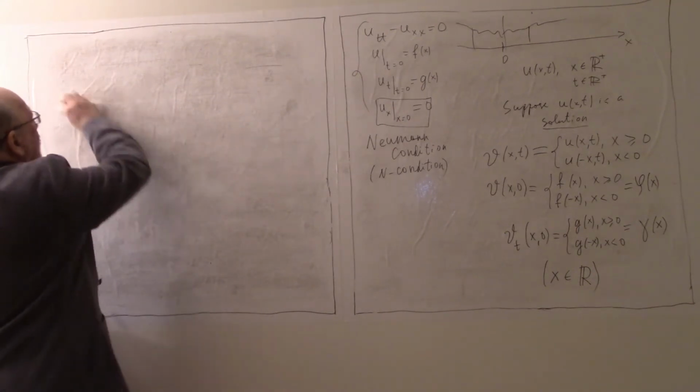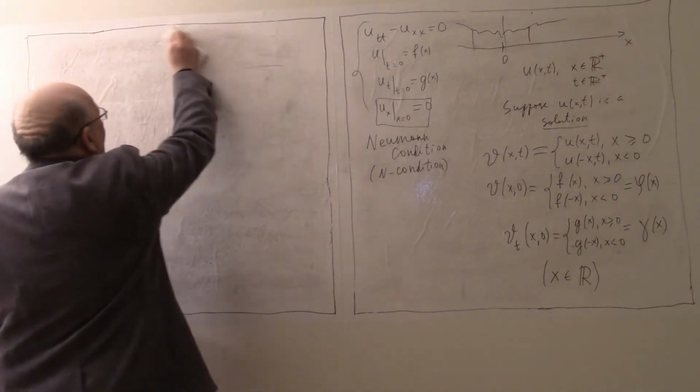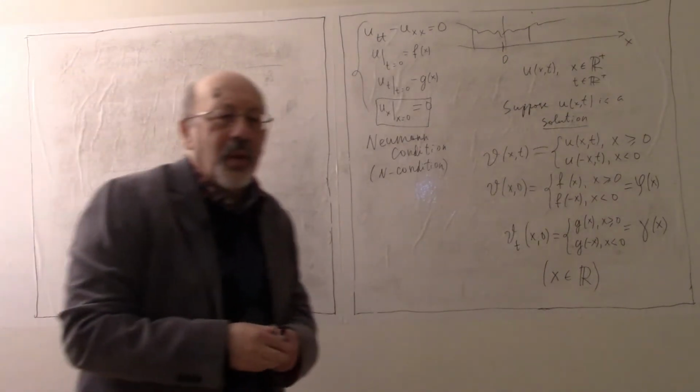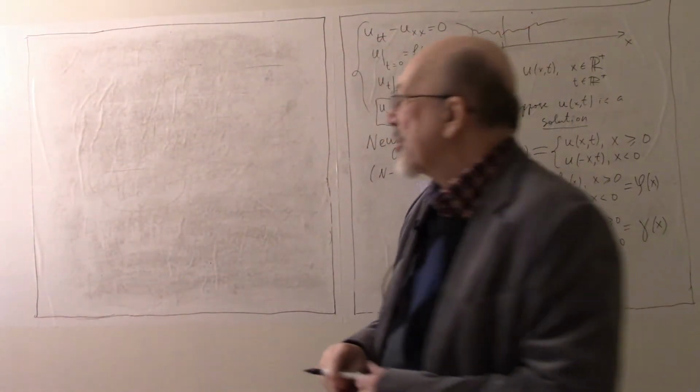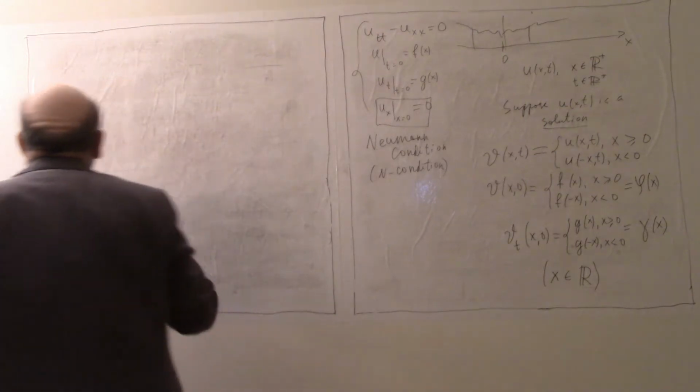This time the initial functions phi and gamma are even functions.